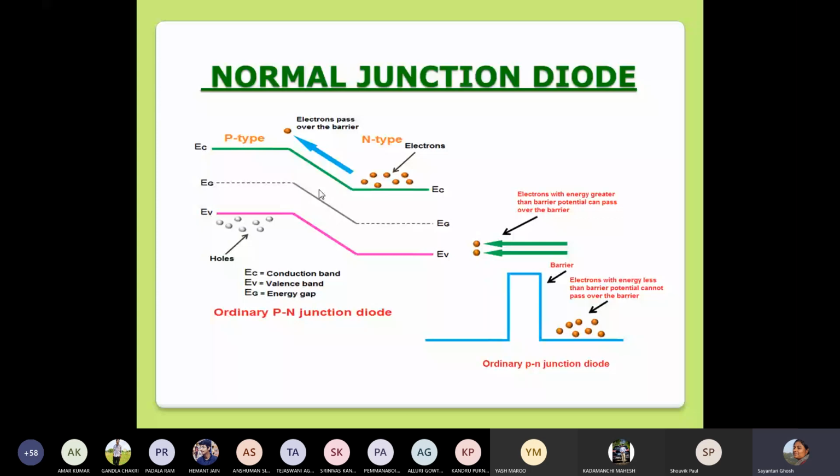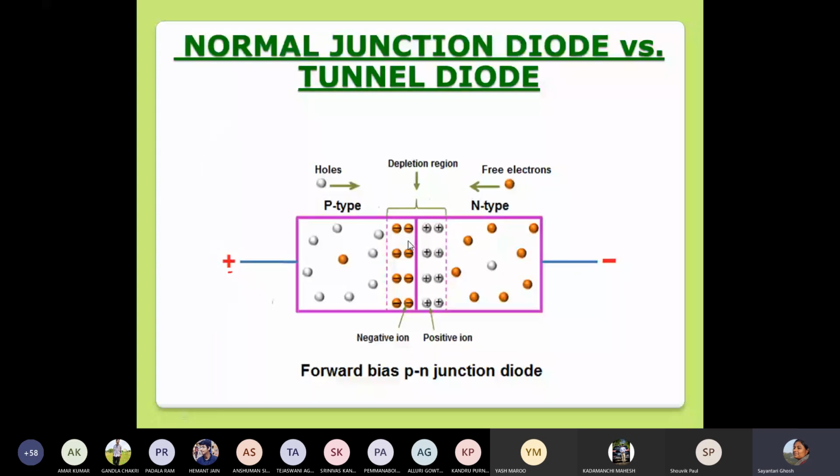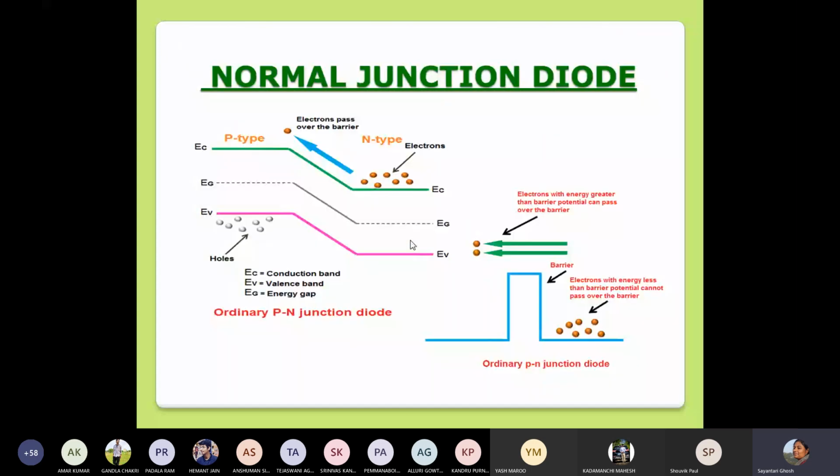This force pulls these electrons to cross over this potential hill that we have. Here we have positive and negative ions sitting inside the depletion region. That means we have a potential difference, and this potential difference is my barrier potential. This barrier potential needs to be overcome so that the electrons can flow.